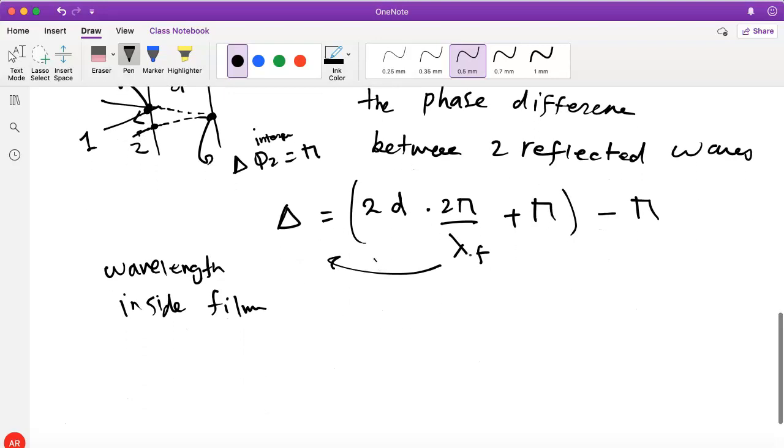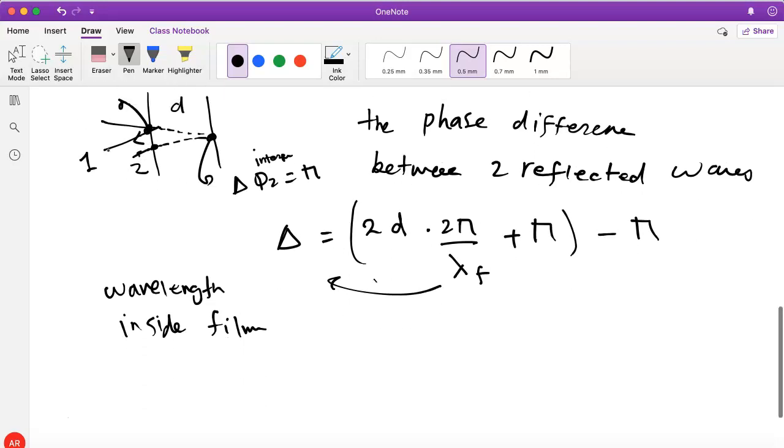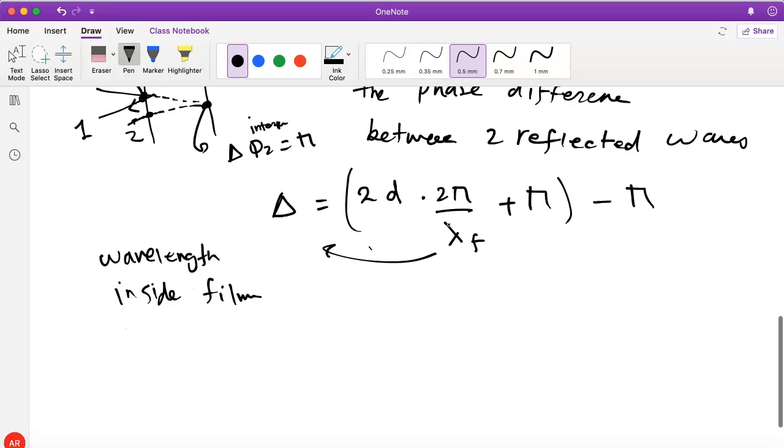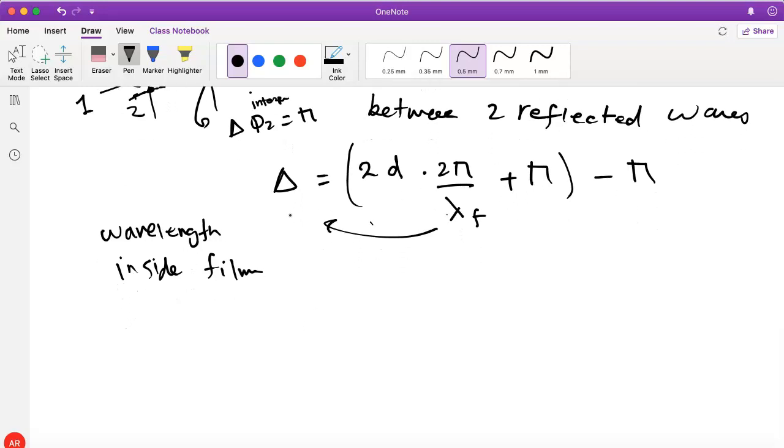They cancel out in the total phase difference between wave 1 and 2. So we're going to end up with a phase difference that's just 4 pi d over lambda f.